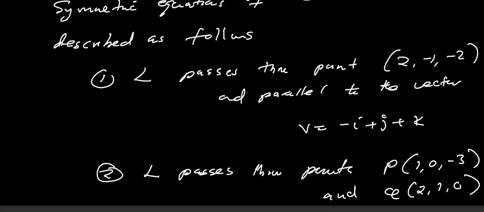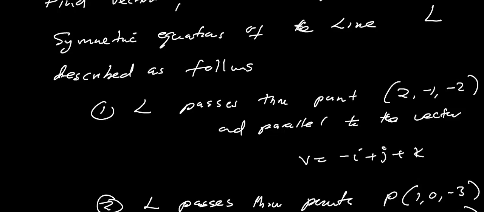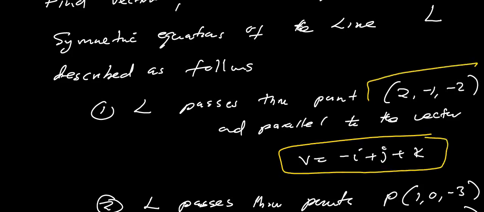The question says find the vector, parametric equation, and symmetric equations of the line L described as follows. The question is just here, the first one, part 1. The line L passes through the point 2, -1, -2, and then it's parallel to another vector, which is negative I, this guy here given. So this is the vector we are parallel with. This is the initial point that we are only given.